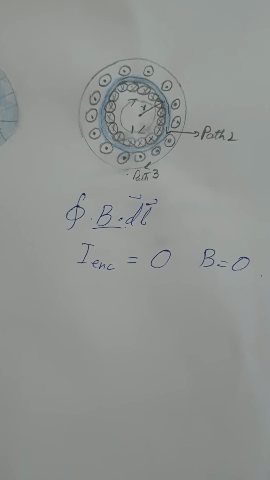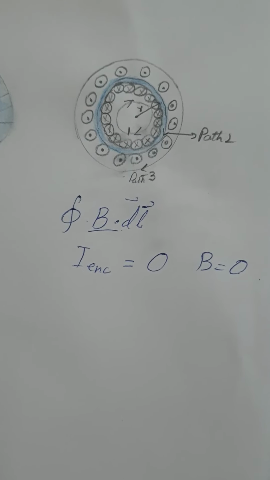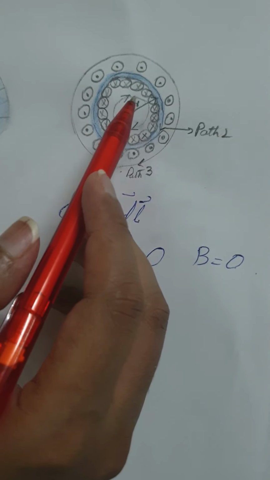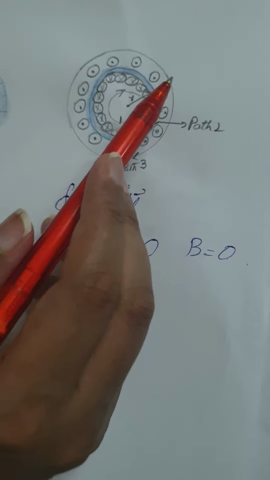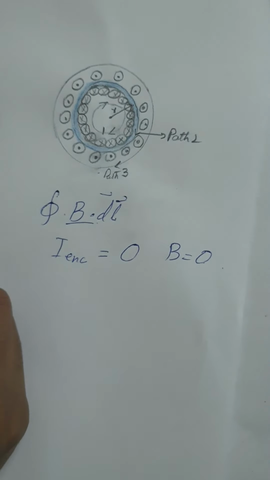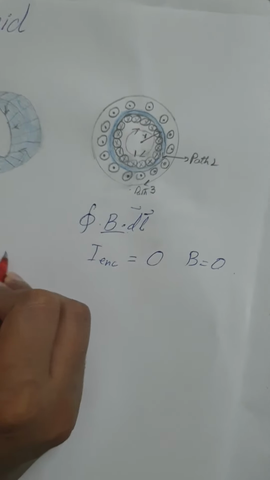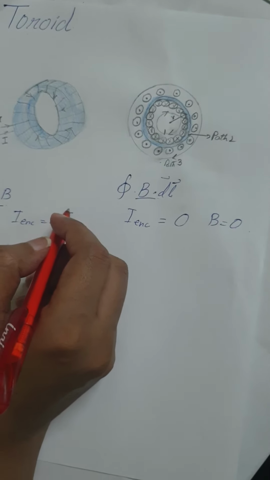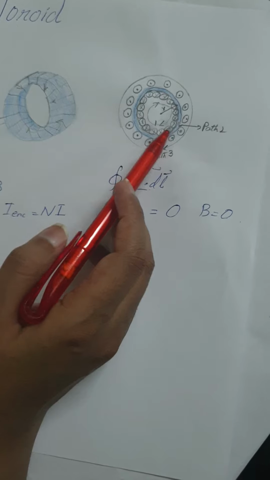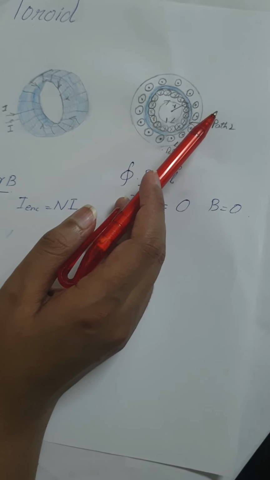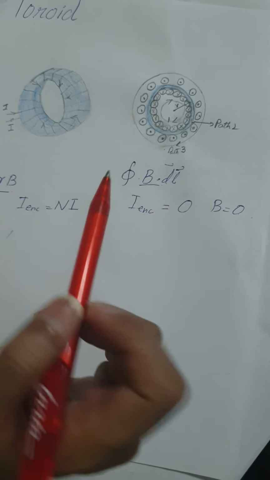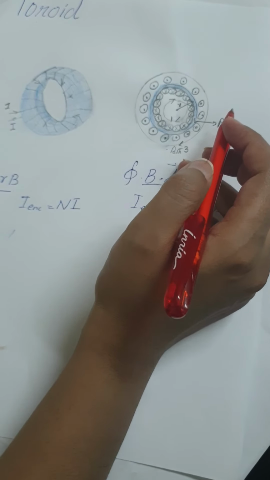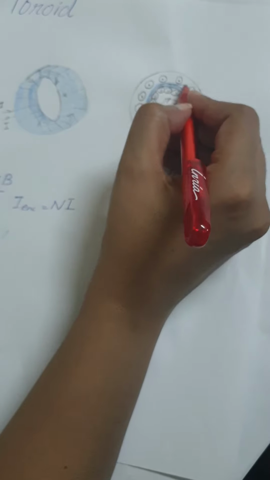Here, each turn of the winding passes once through the area bounded by path 2. So the total current enclosed by the path, I enclosed, would be N I. Here N is the total number of turns in the winding. I enclosed is positive for the clockwise direction of integration. So B is in the direction shown here.